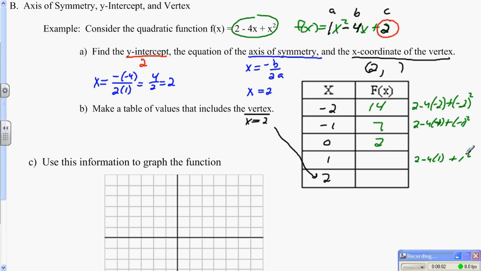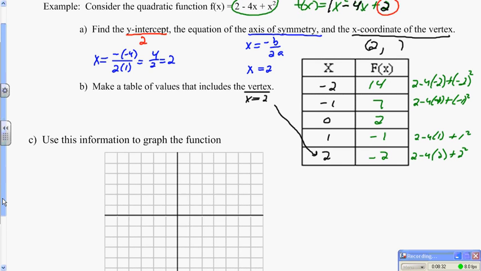That will give us 2 minus 4 plus 1. That's -1. We plug in a 2. We get 2 minus 4 times 2 plus 2 squared, which is going to give us 2 minus 8 plus 4. So -2.